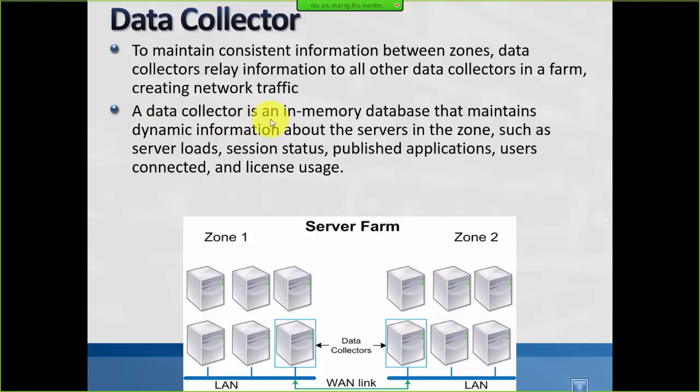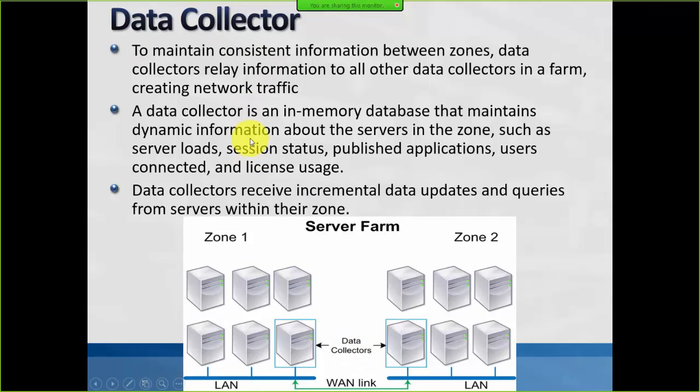So our data collector is an in-memory database that maintains dynamic information about the servers in the zone, such as server loads, how much load is on which server, session status, how many users are connected at a given time, how many are idle, how many have disconnected, how many are just joining, published applications, users connected, and license usage. So one set of servers has up-to-date information of what's going on with the other set of servers. Hence the name data collector, right?